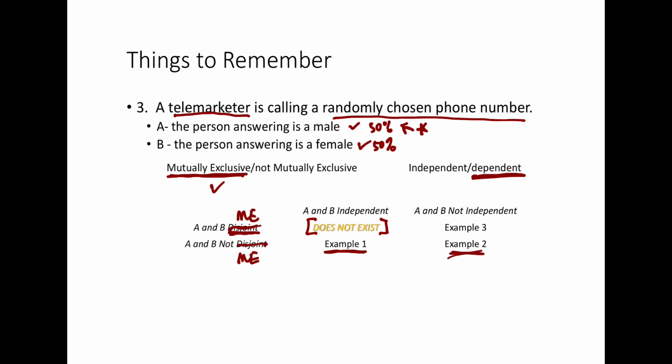Also, example 2, they were not mutually exclusive. They could happen at the same time. We could pick the first person and the second person, first being male, second being female. On the third example that we just looked at above, they were dependent, in other words, not independent, and they were mutually exclusive. They couldn't happen at the same time.